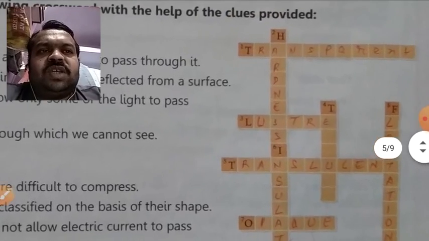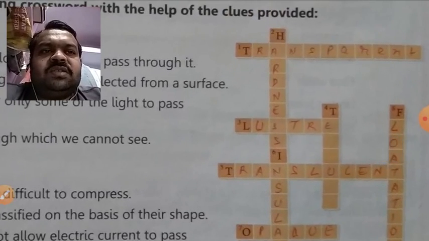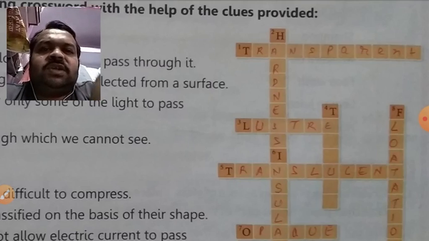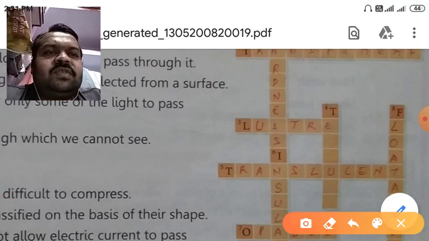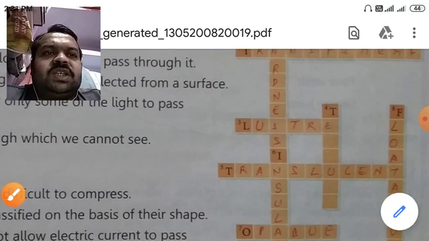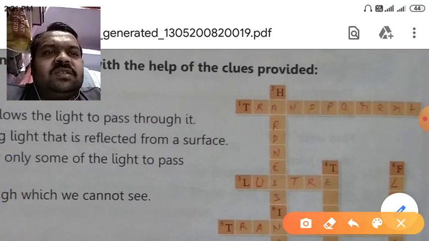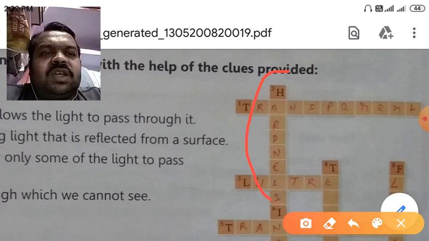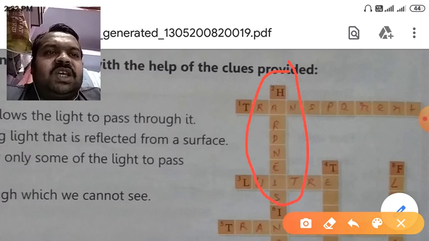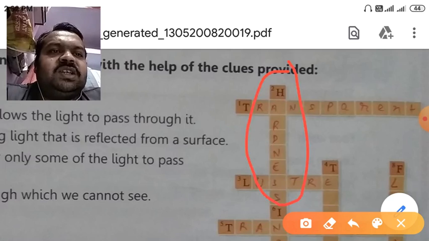This quality is known as hardness. Look here, the spelling is given here, HARDNESS.